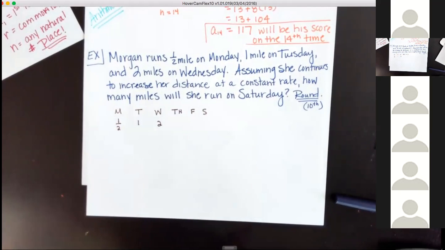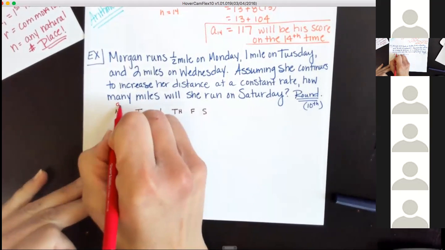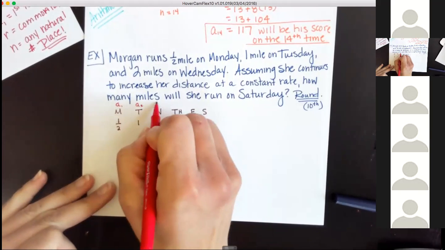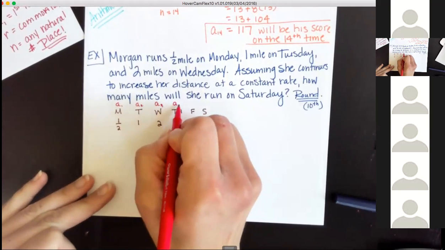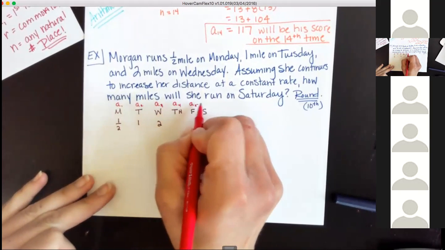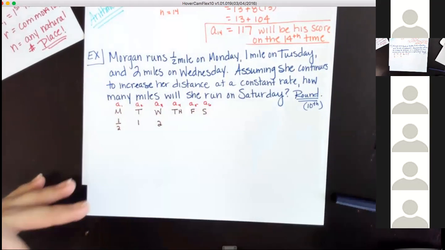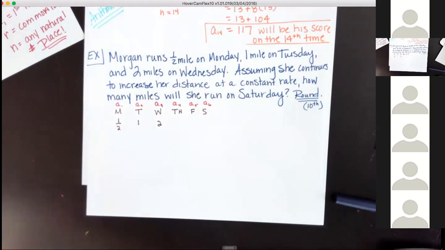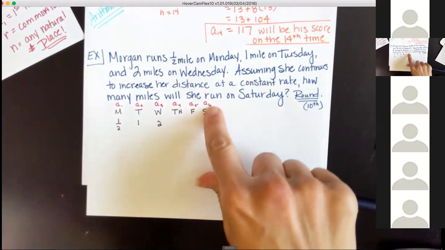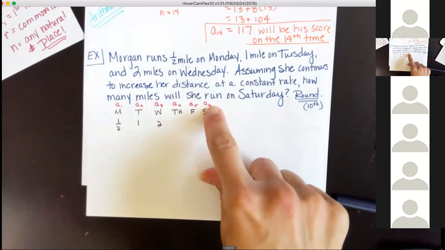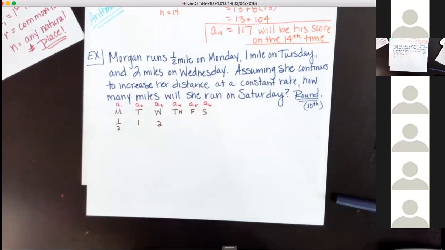So here is our A sub 1, A sub 2, A sub 3, A4, A5, A6. And I need to know what those are because remember, that's our N. That's the value we're looking for on Saturday. So I am going to look for my pattern first.